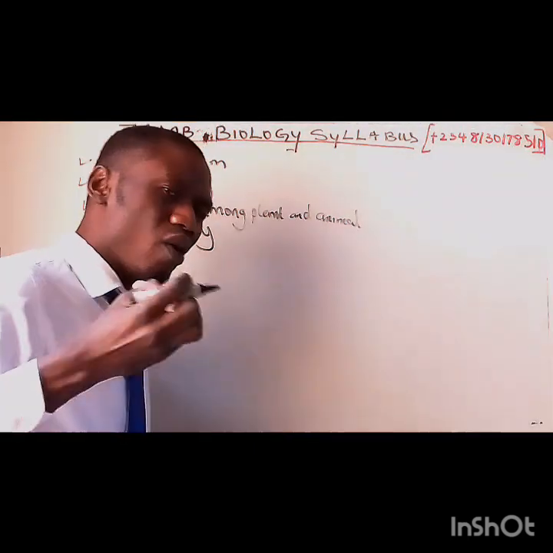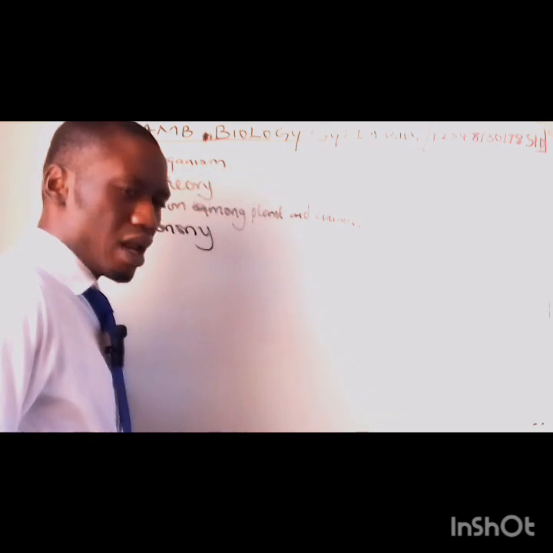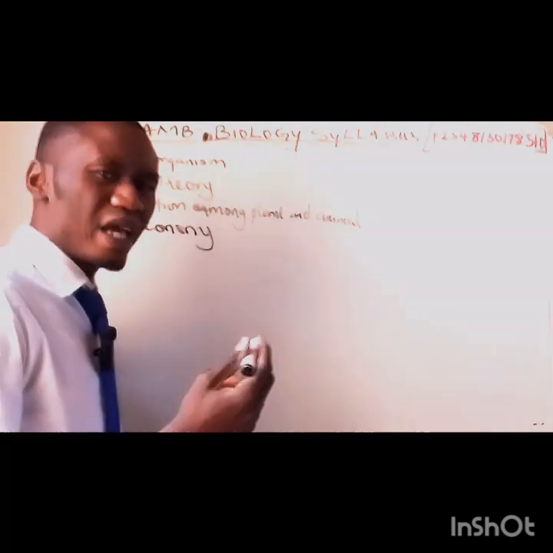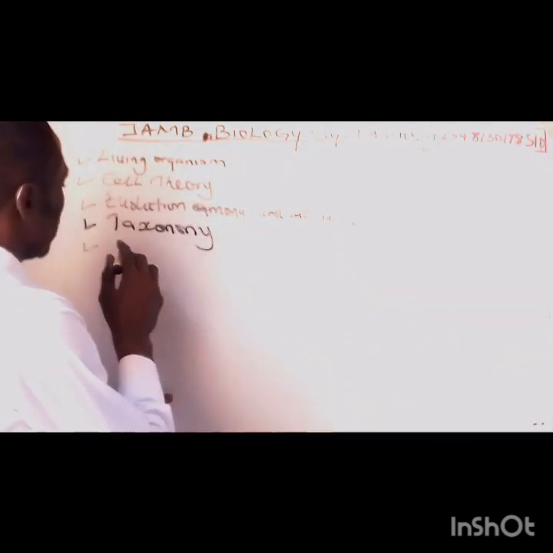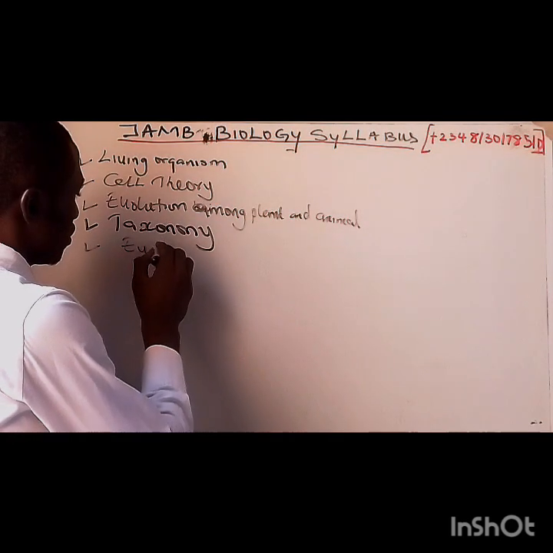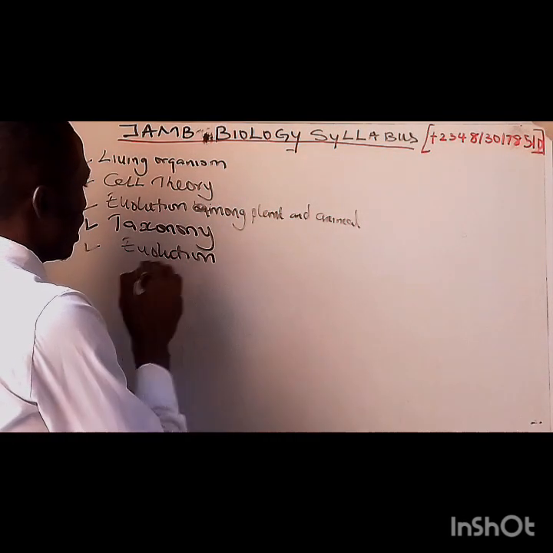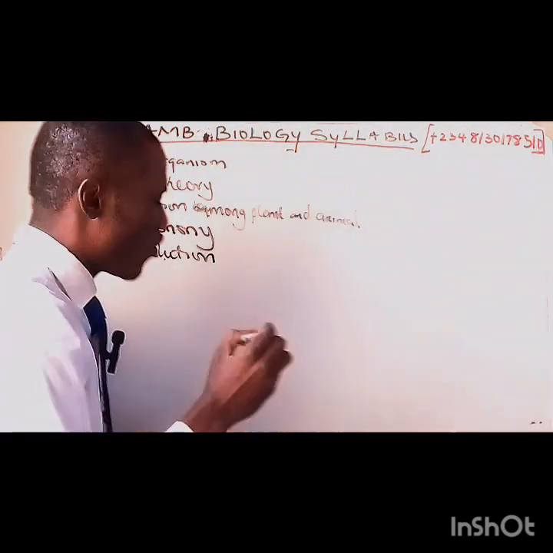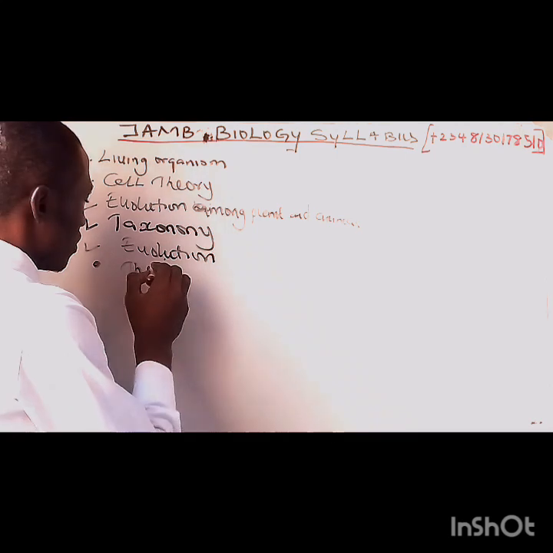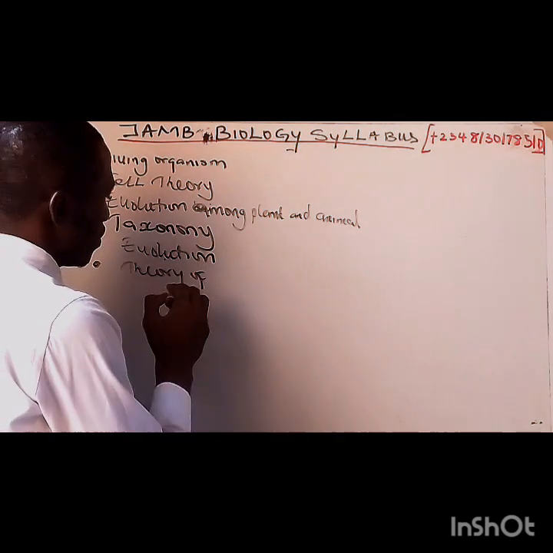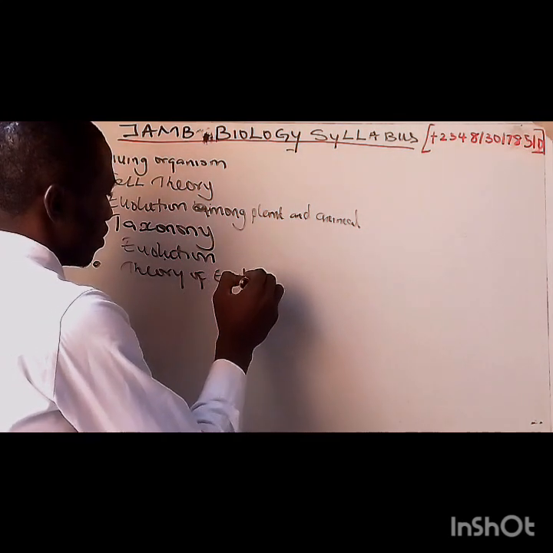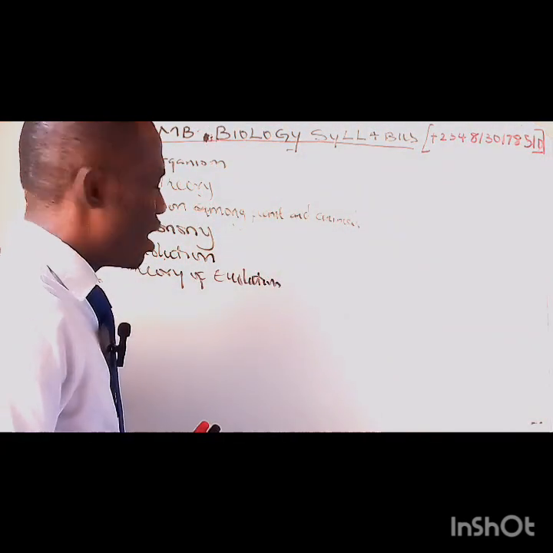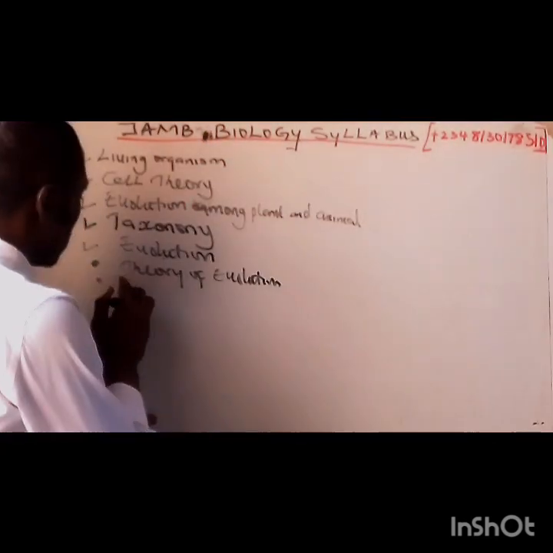Now, we have another topic that I want you to look at. I want to pull it out from the last part of the syllabus and join it to the upper part here. It's known as the theory of evolution. In this evolution, you're expected to know about the theory of evolution, and then you have to know about the evidence of evolution.